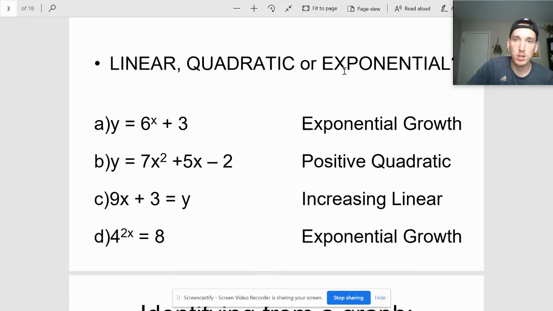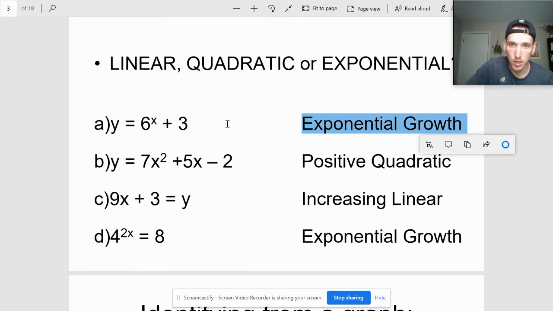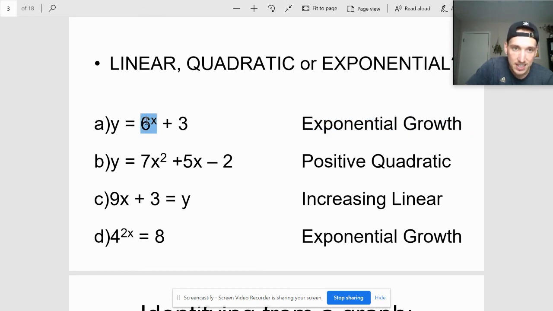So linear, quadratic, or exponential. This first one, it's exponential. And why? Because the x is the exponent. This next one is quadratic because the highest power I see is 2, x squared. Third one, part C, that is linear because we see 9x, right? x doesn't have an exponent.